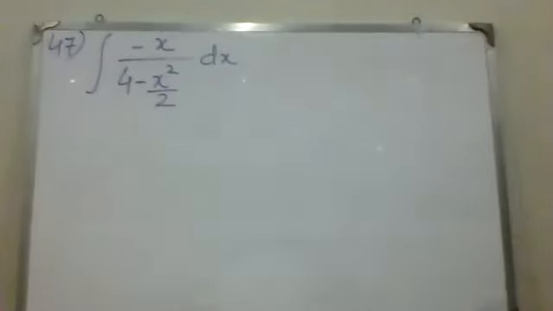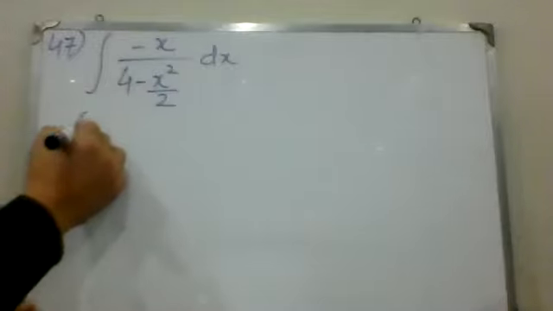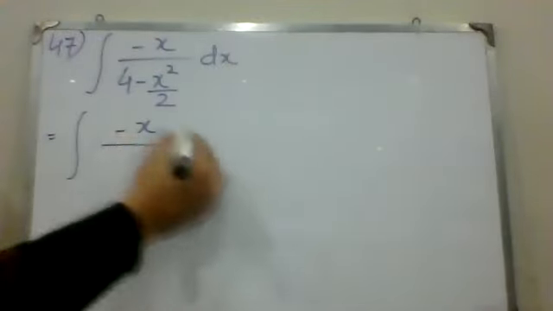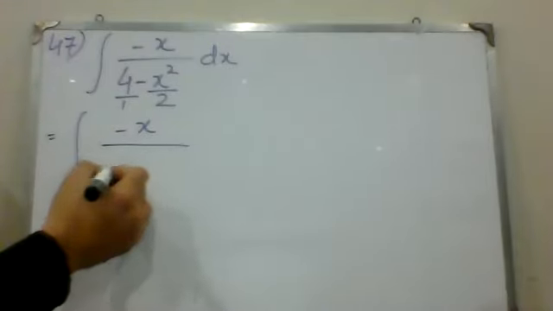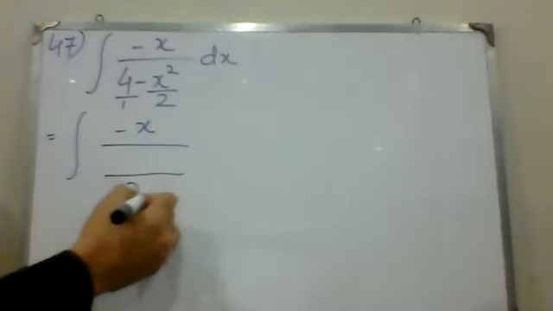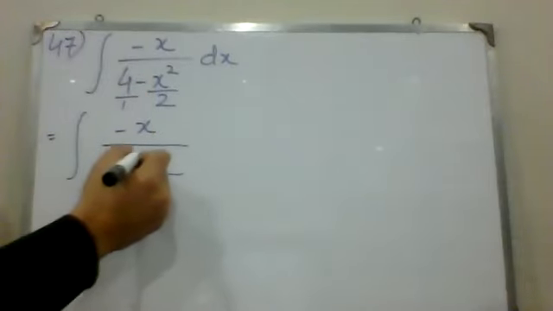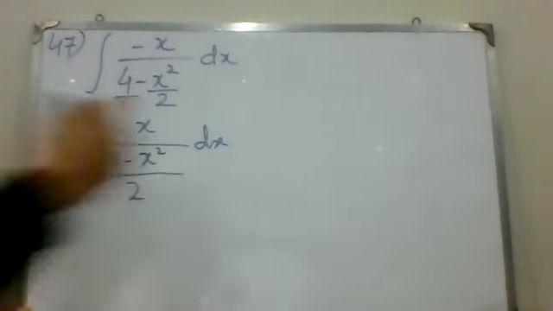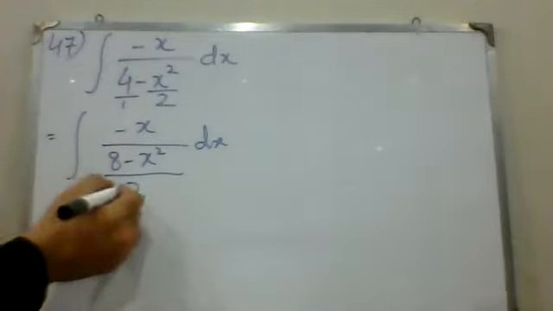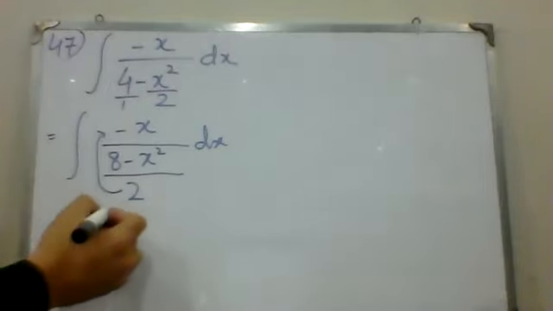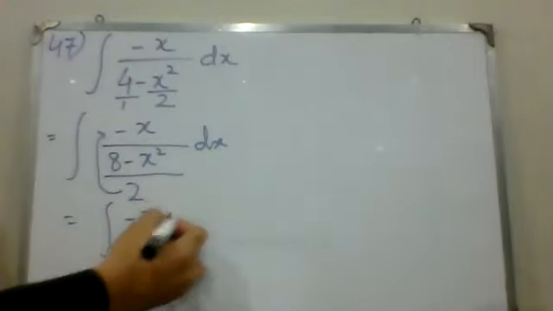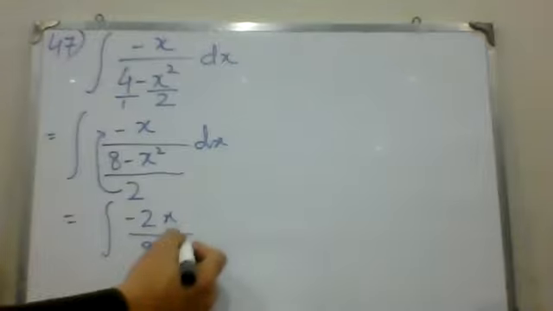Sir, the constant term. Yes, LCM has to be taken here. How do we take it out? Sir, take the LCM. Minus x divided by 4, write 1 below. Now taking LCM between 1 and 2, we get LCM 2. 4 2s are 8 minus x square dx. Now on the double division, the 2 goes upward, and we get minus 2x divided by 8 minus x square dx.